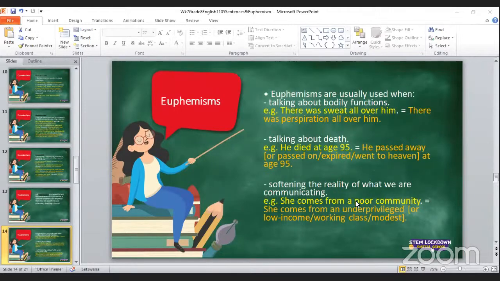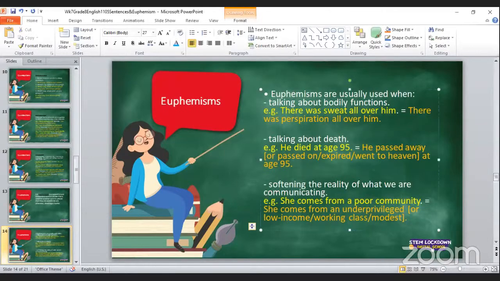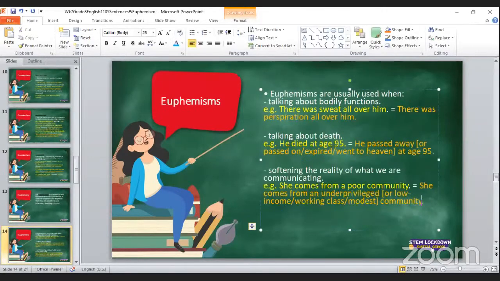So how can we soften that harsh reality? We can say she comes from an underprivileged community. That sounds better. Or we can say she comes from a low income community. That's better.